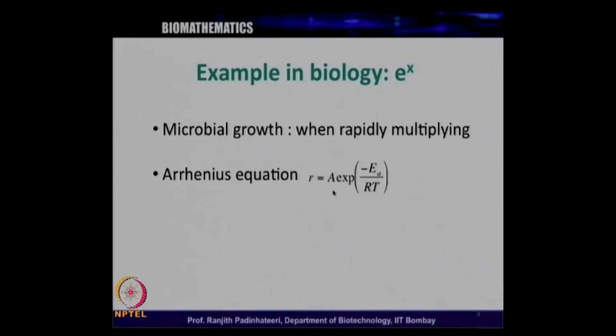The rate of a reaction behaves as if it is a mathematical function. So this is a natural process, and natural processes behave as if they are mathematical functions. What does it mean? It means that we can describe this natural process, the rate of a reaction, using an exponential function.